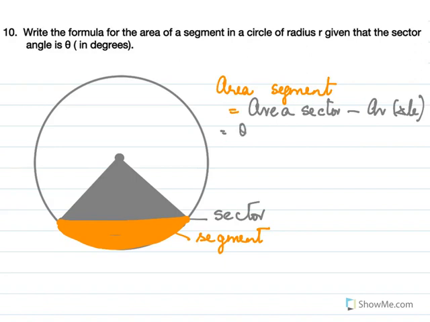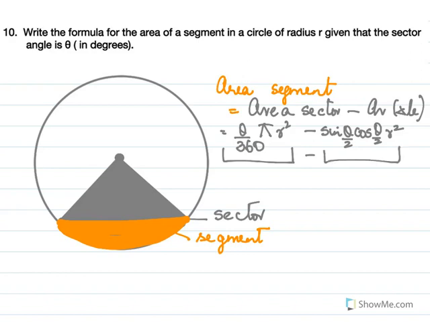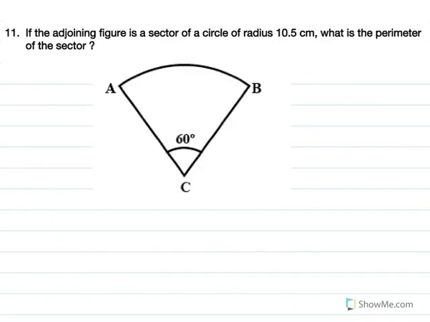Now area of sector we know is theta over 360 pi r square, and area of the triangle is sine of theta by 2 cos of theta by 2 r square. So this would be the formula for area of the segment: area of the sector minus area of the triangle.